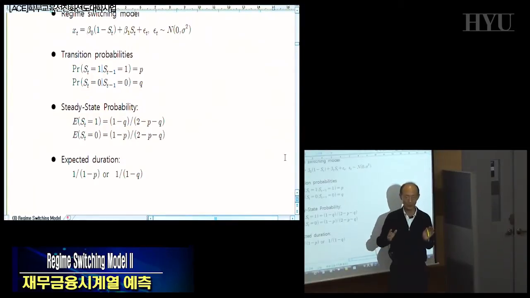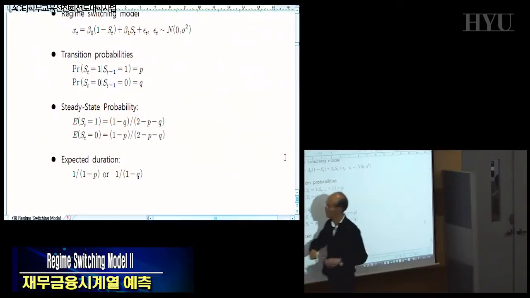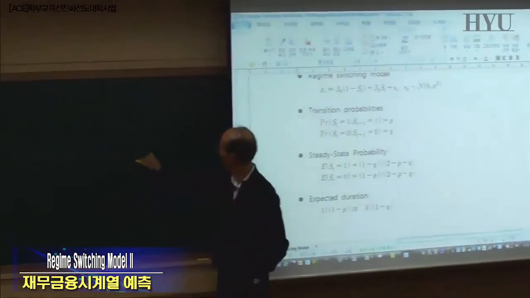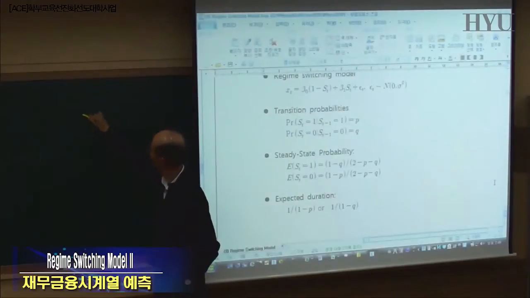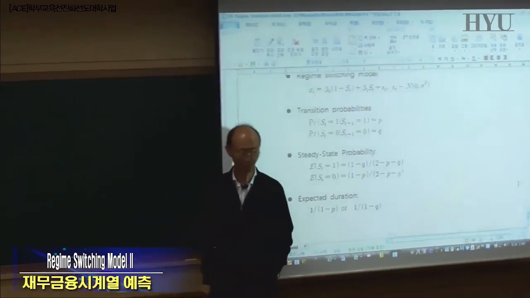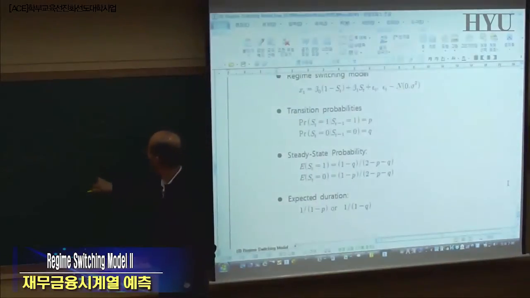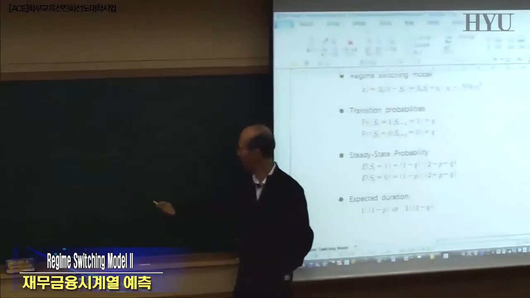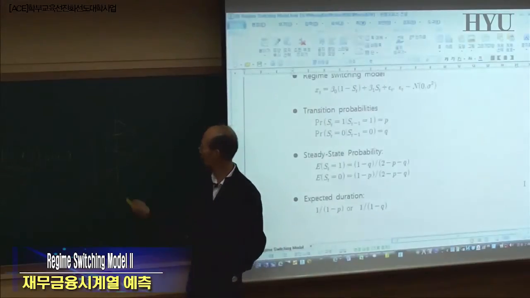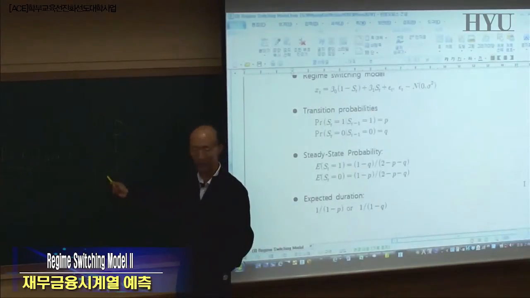So there are 4 possibilities, right? 1, 0, staying, switch, staying, switch. So somehow we are at t, and we don't know whether we came from this path, or this path, or this path, or this path. So we have to consider 4 possibilities.